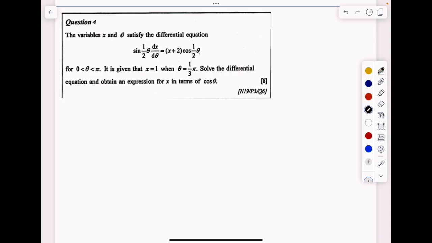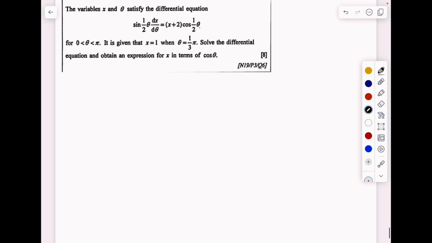First thing we need to do is put each of these onto one side. So how do I do that?